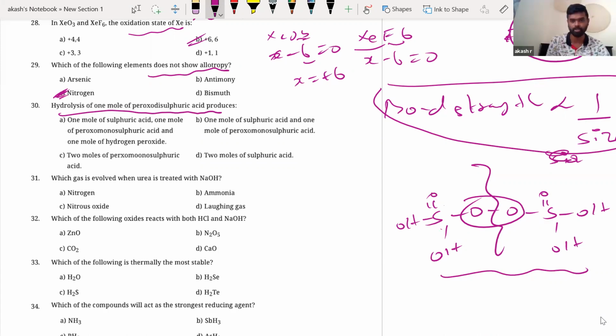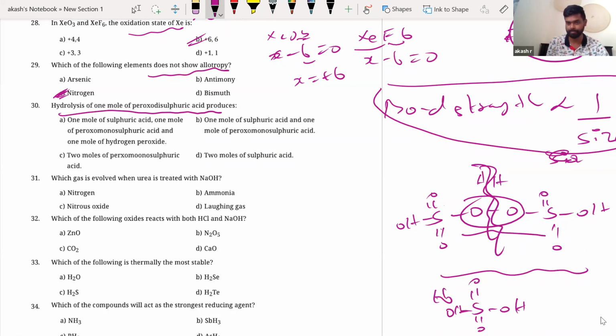That means it is wrong. So this is not OH, this should be double bond O. Same way, this is not OH, this is also double bond O. Now when I break this bond, you can easily understand that I would have S double bond O, OH, another OH, and OH here, with H and H put here.